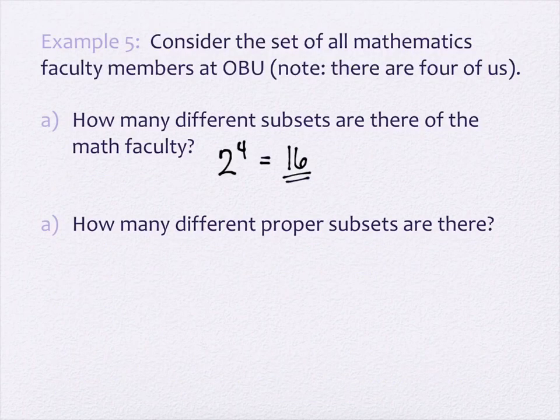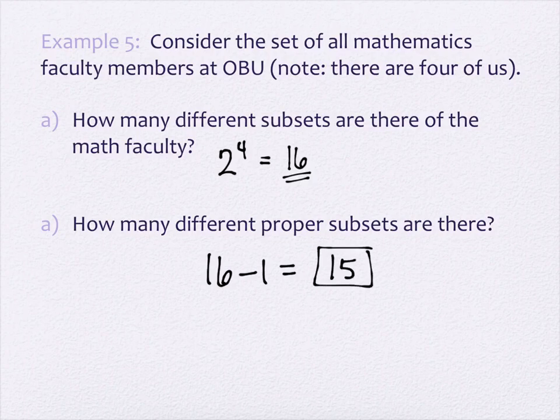So over here, if I know there's 16 subsets, how many proper subsets are there? 15, right? It's the same number as we had before, and then we subtract 1, so we have 15 proper subsets. Because we're eliminating the subset that includes everybody. It's not really a true grouping that's any different than I already have, so it gets eliminated. It's not a proper subset.